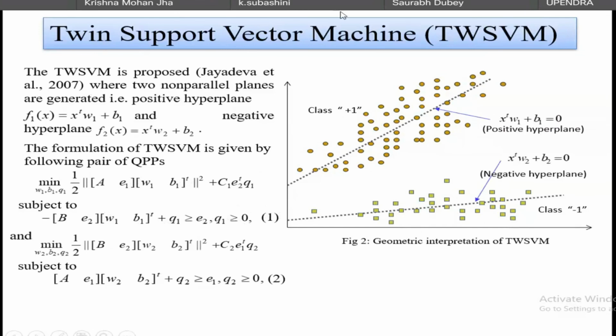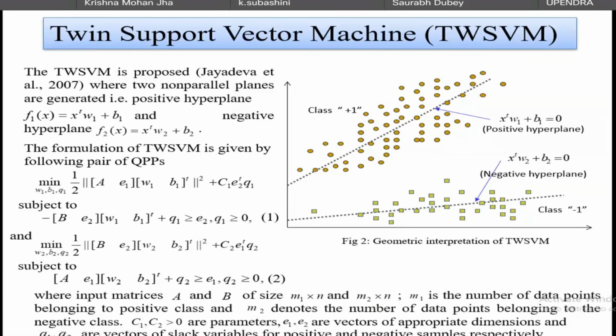In a support vector machine we have only one problem formulation, but in this particular model we have two problems, and they are of a smaller size, not the same size. How that will be a smaller size, I'll discuss. So this 1 and 2 will be your form.